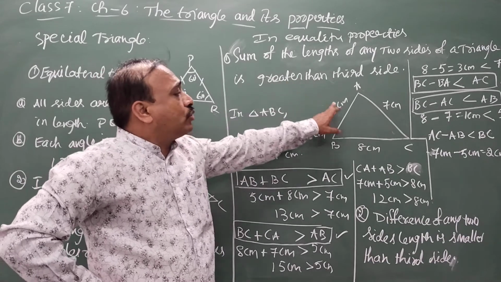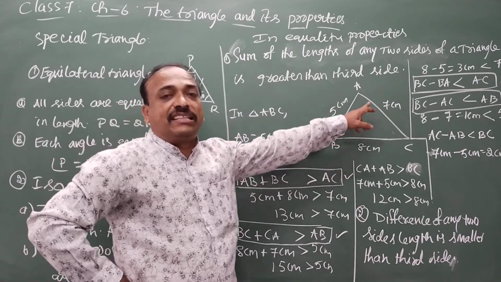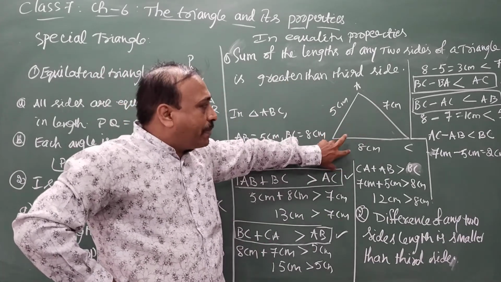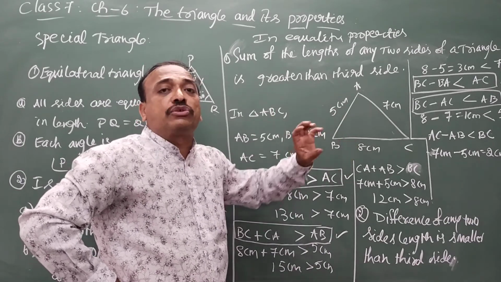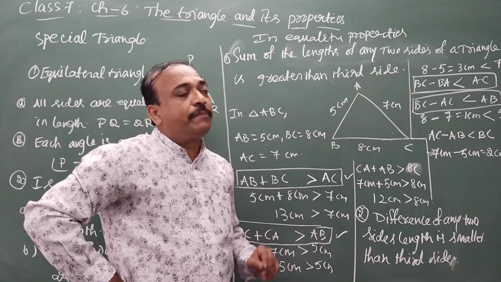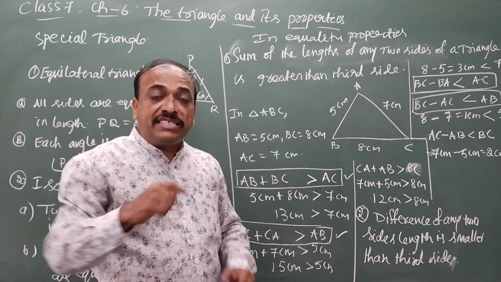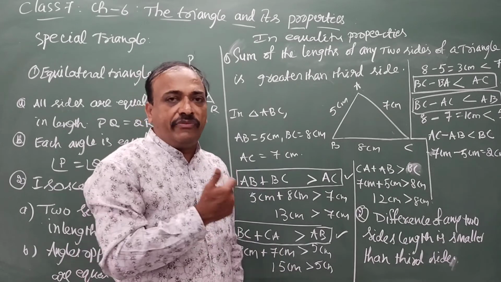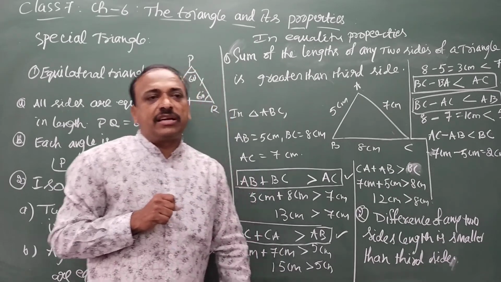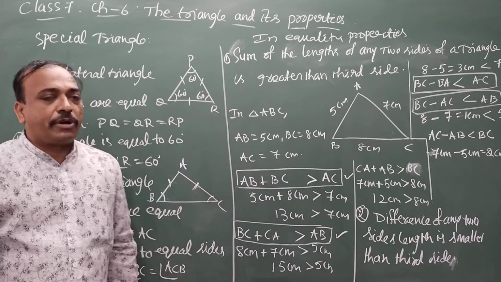When we add two sides, the length should be greater than the third side. When you define the difference of two sides, the result should be smaller than the third side. These are inequality properties. Then only we can form a triangle.